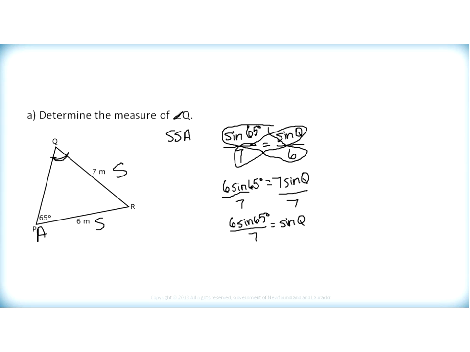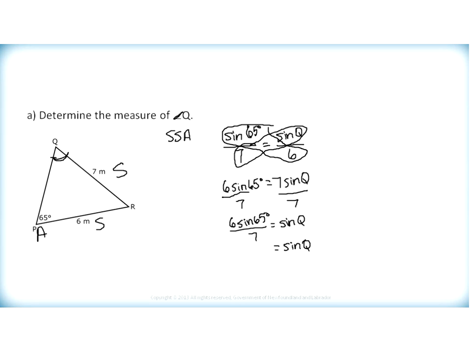What I need next is to find Q. In order to do that, I'm looking for a missing angle, so I'm going to need to do the inverse sine. I'm going to try to make this a little easier to visualize. I'm going to calculate what 6 sine 65 divided by 7 is.